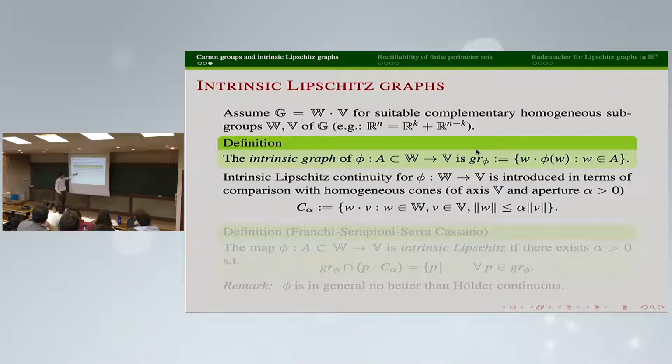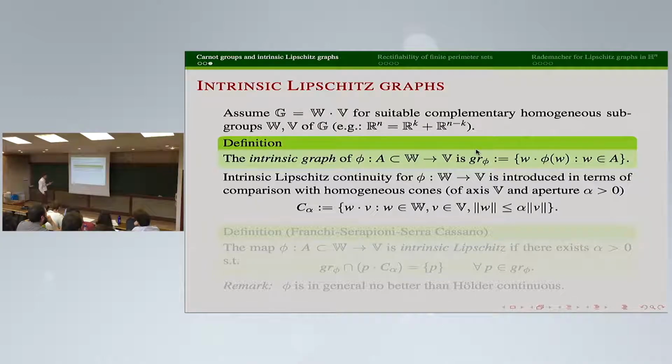By this I mean the cone with vertex the identity of the group and aperture alpha, which is the set of points of the form element in W times element in V, with the property that the norm of the element in W is bounded by a constant times the norm of the element in V.